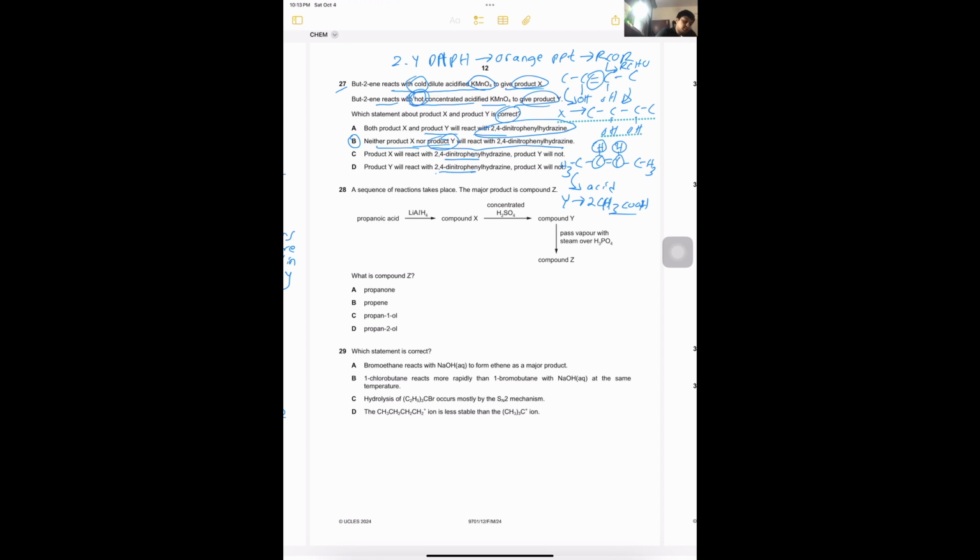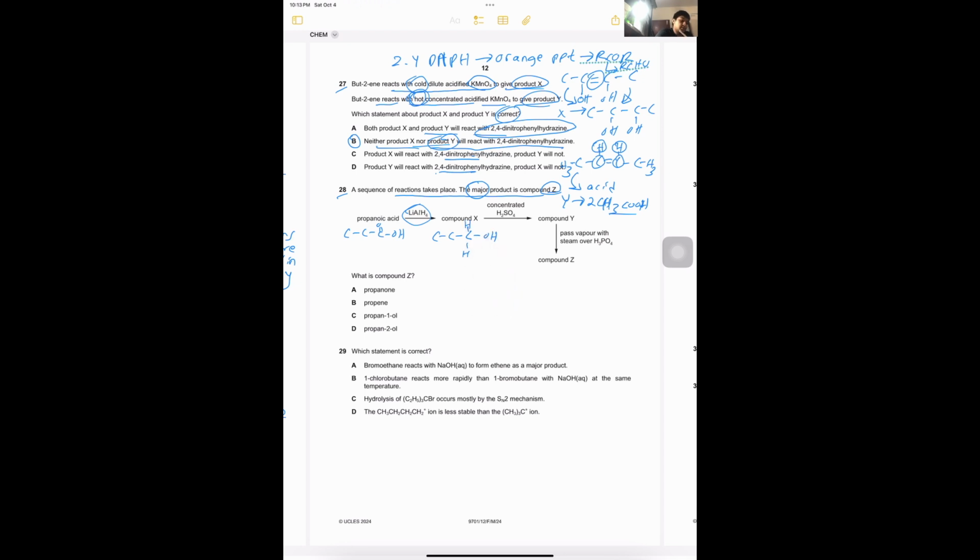Question 20. The sequence of reactions takes place. The major product is compound Z. So we'll first draw propanoic acid. When this is reduced by LiAlH4, it forms propanol, right?